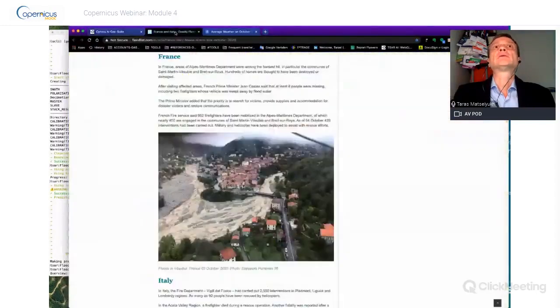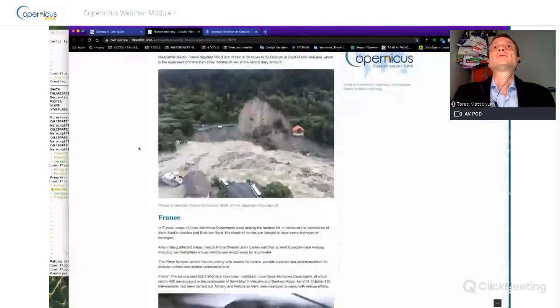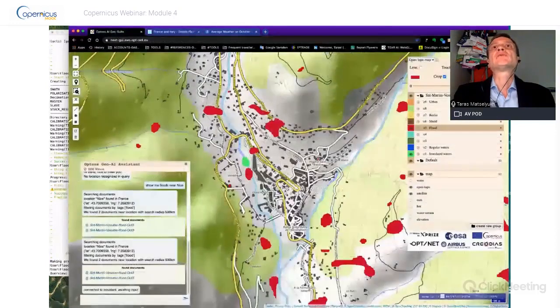Well, take a look yourself. This area looks very similar to this particular object. Of course, we don't have ground verification yet, but we have a very high certainty that the landslide and the flood that occurred here have been picked up by our solution.